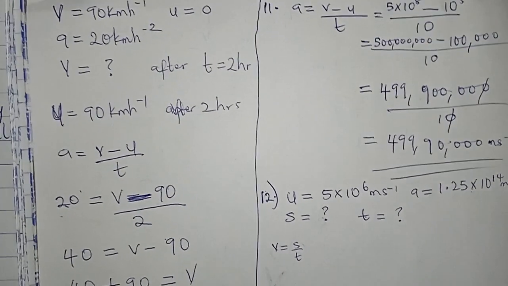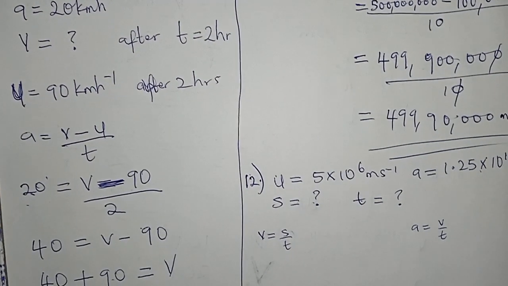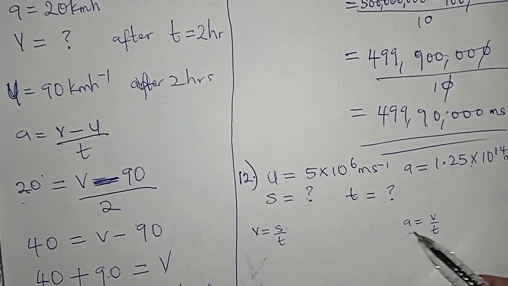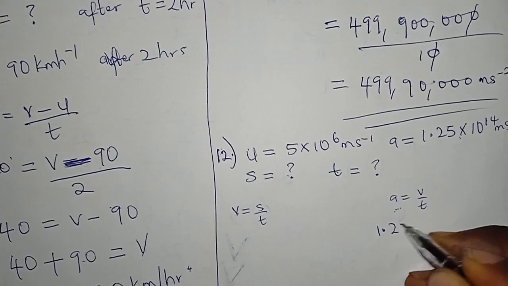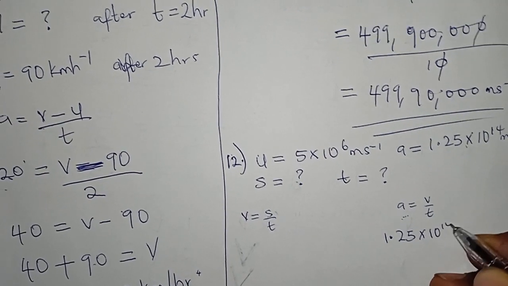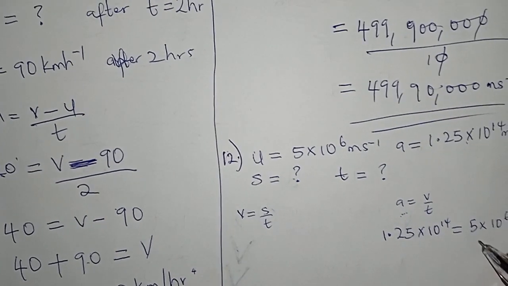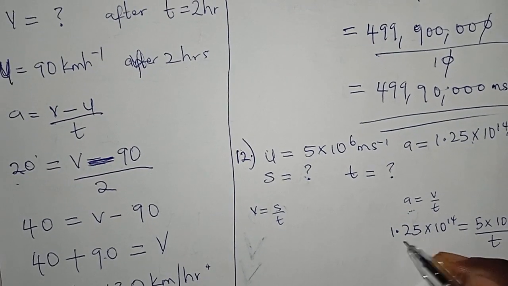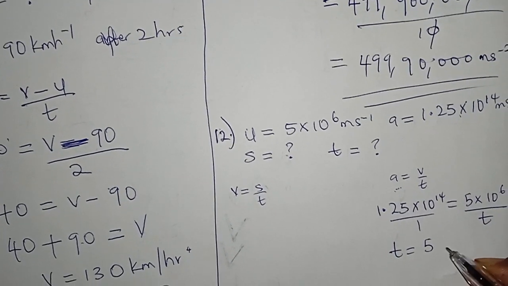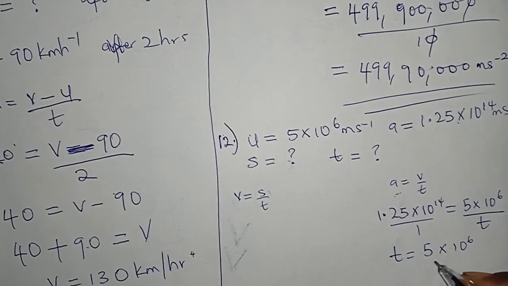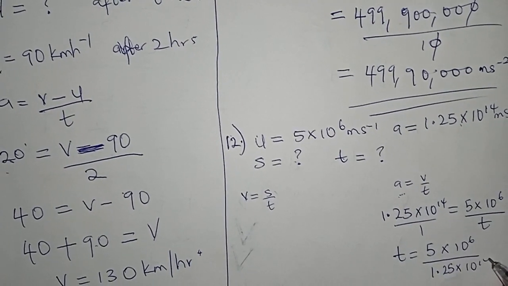And then A is equals to V over T, shall we? So let's apply this one. So here I have 1.25 times 10 raised to the power 14 is equals to 5 times 10 raised to the power 6 all over T. So this is the same thing as saying T is equals to 5 times 10 raised to the power 6 all over 1.25 times 10 raised to the power 14.